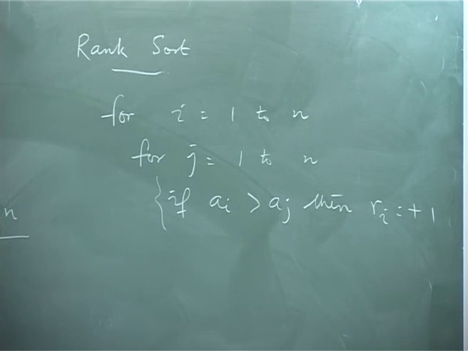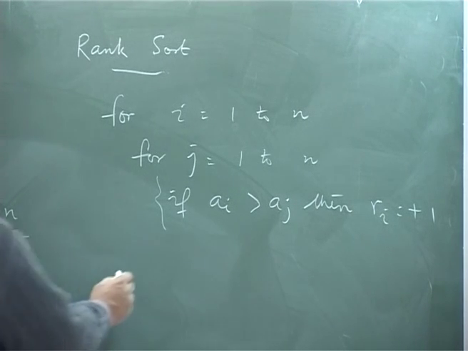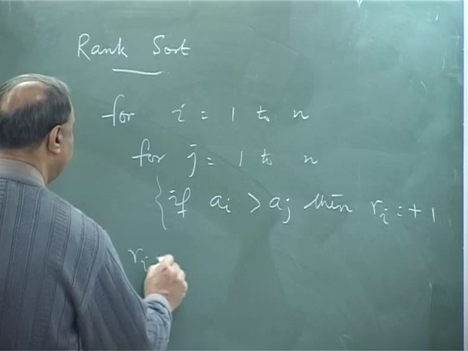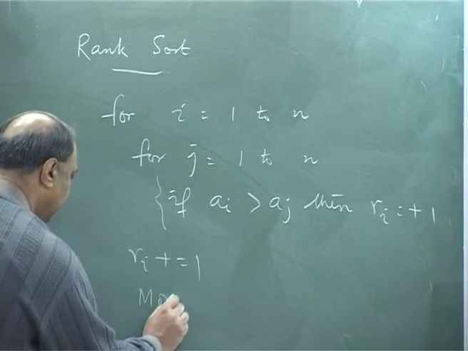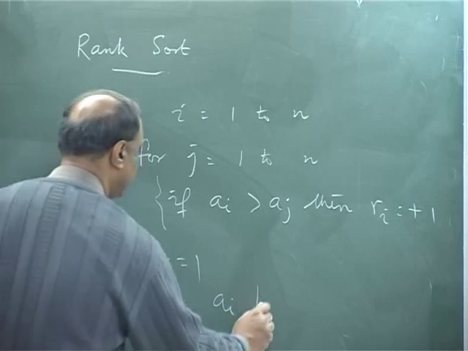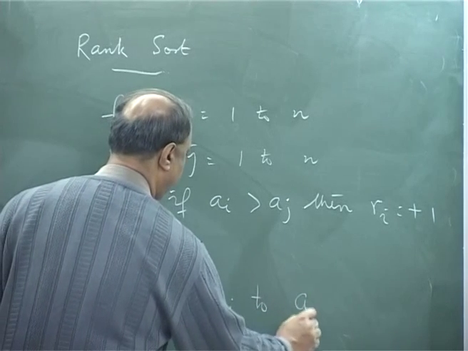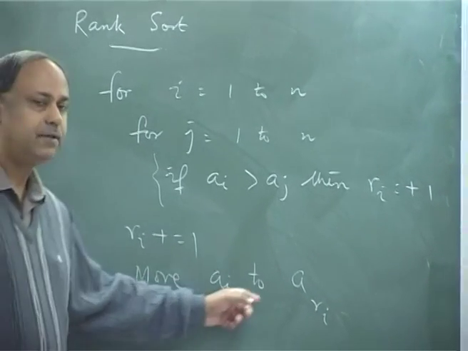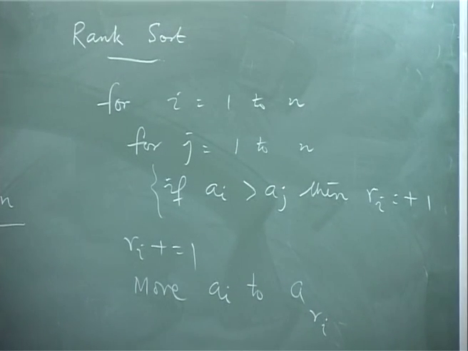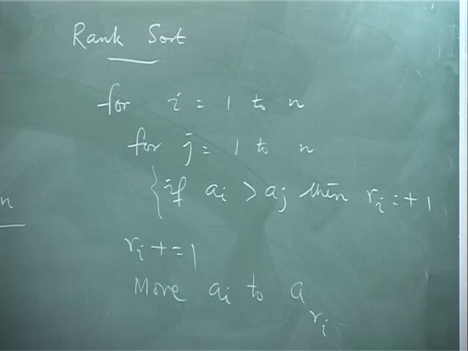Agree? So finally you increase Ri by 1 and move Ai to the ARI position. That is a simple rank sort algorithm, and it is very simple to understand also.